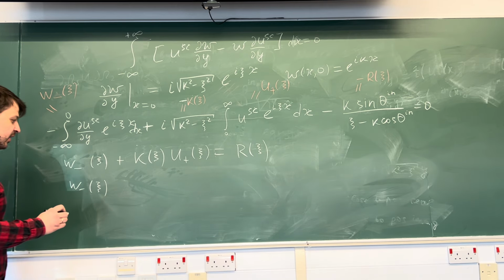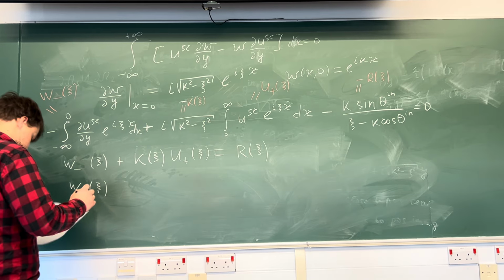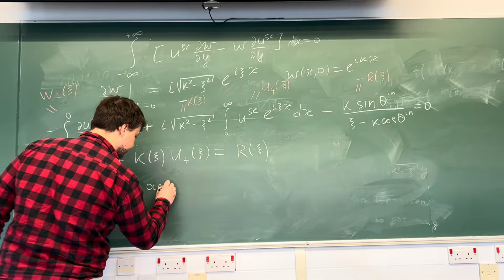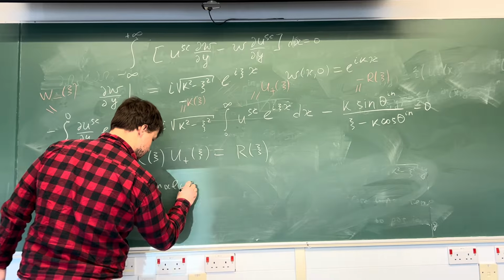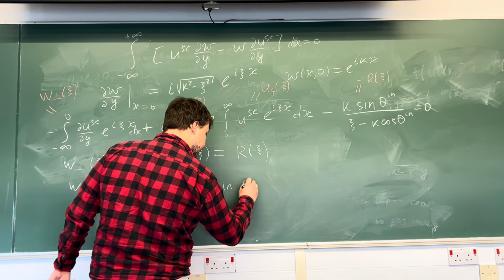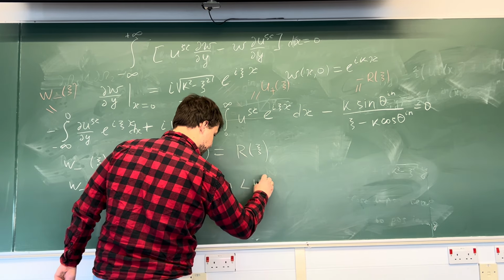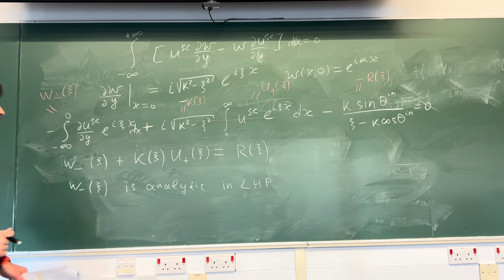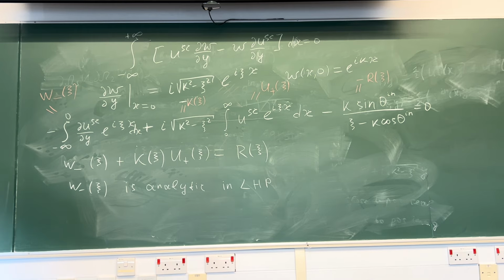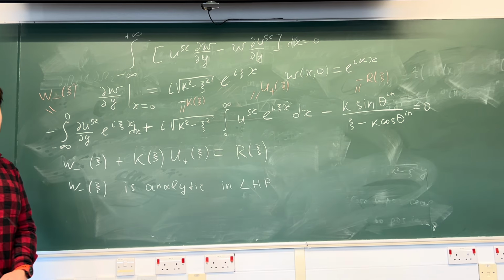That V minus is analytic in the lower half plane. Is it clear why it's analytic in the lower half plane?